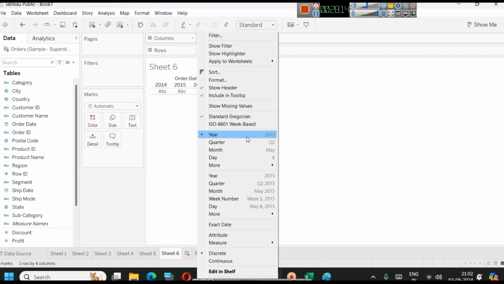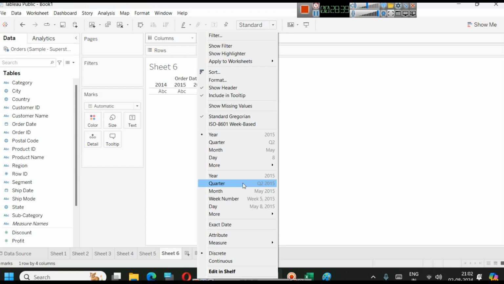When you consider it as a dimension, it will be more like a summary. And when you consider it like this, it will be more like a number. Do you get my point?